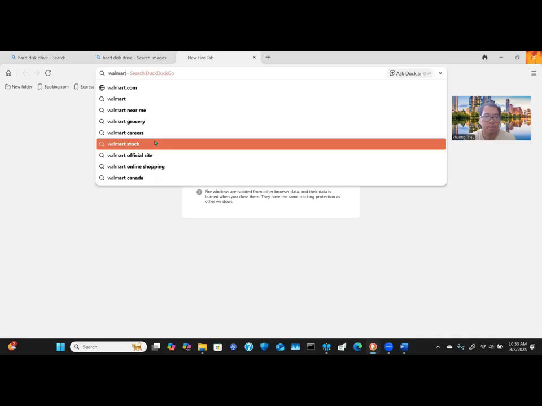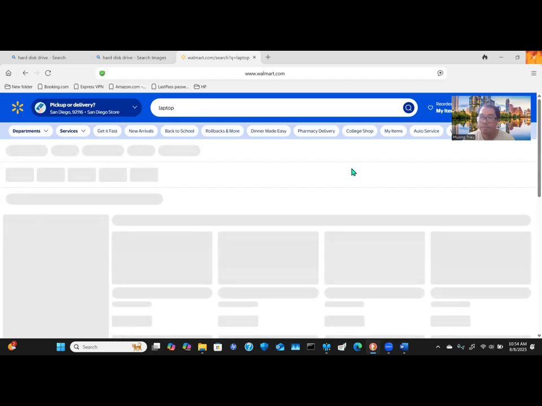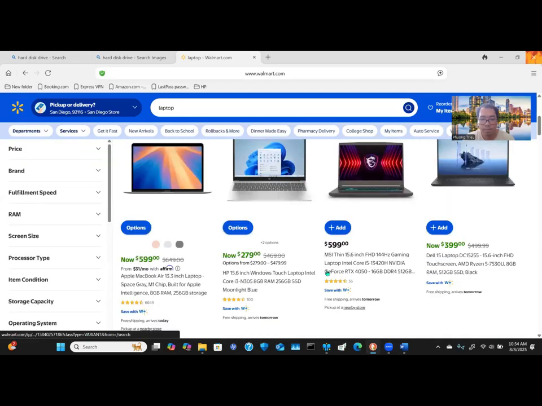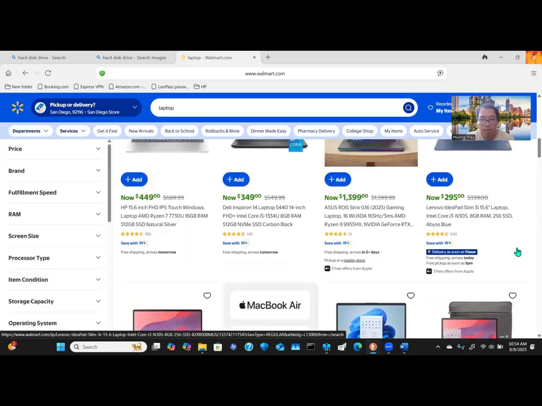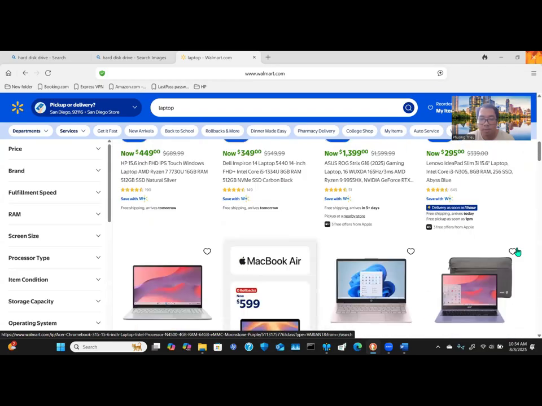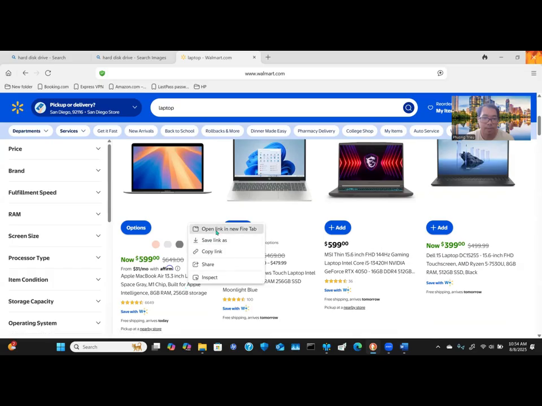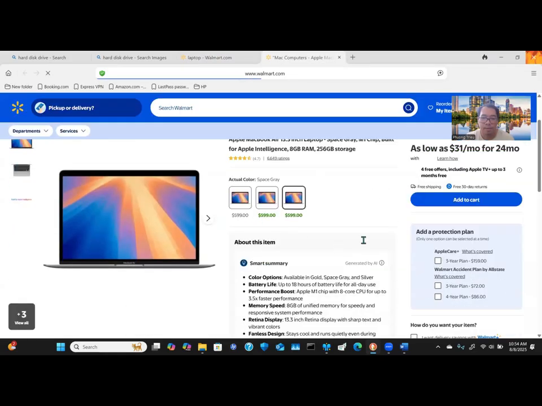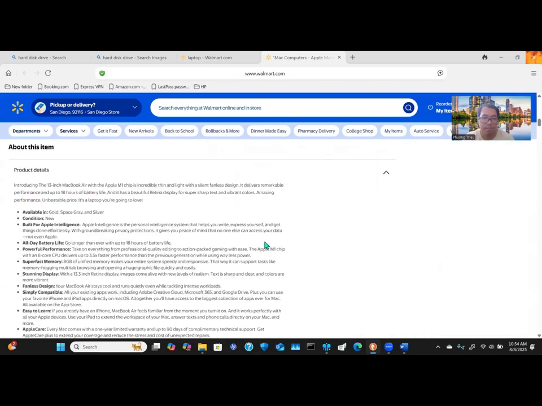Like, laptop, hard disk drive. I actually don't see any information about hard disk drive here, but I'll try to see if they provide information about it on this page.